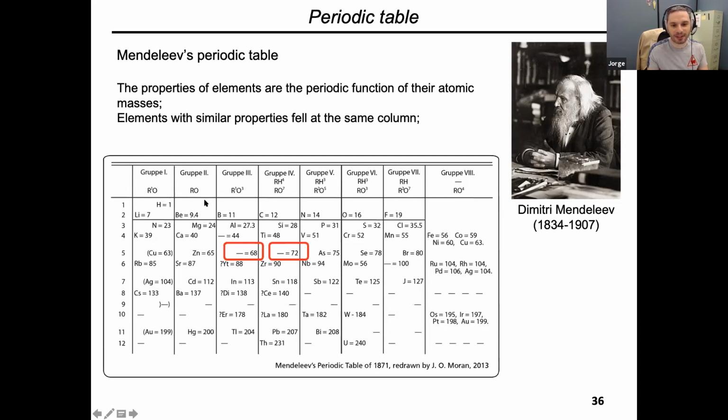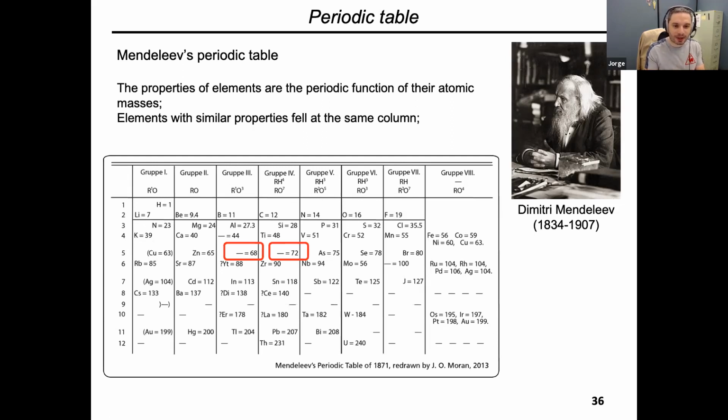Then Mendeleev didn't know any other element that had atomic mass 2, 3, 4, 5, 6, and 7. So therefore here is all empty: 2, 3, 4, 5, and 6. And he knew that the next one would be lithium, atomic mass number 7, and then so on. And here, see that he is grouping elements with similar properties in the same column.